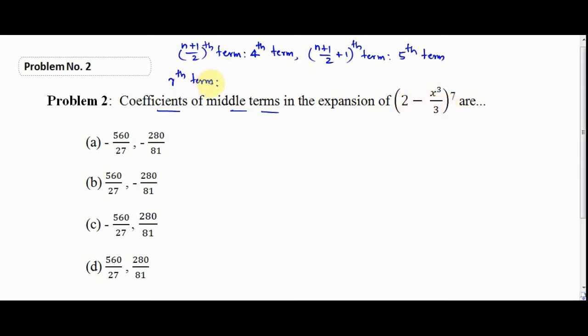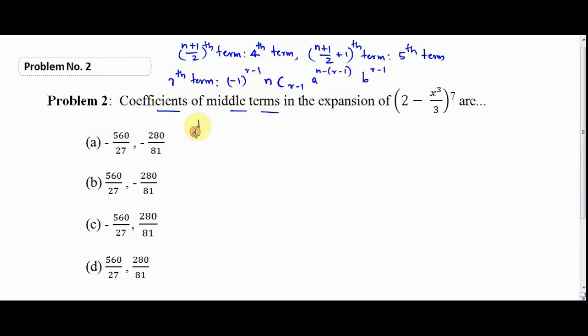So the rth term in the expansion of (a minus b) whole raised to n is given by minus 1 raised to r minus 1, into nCr minus 1, into a raised to n minus r minus 1, into b raised to r minus 1. Here in place of a we have 2, and in place of b we have x cube by 3. So using this general expression, let's calculate the fourth term.